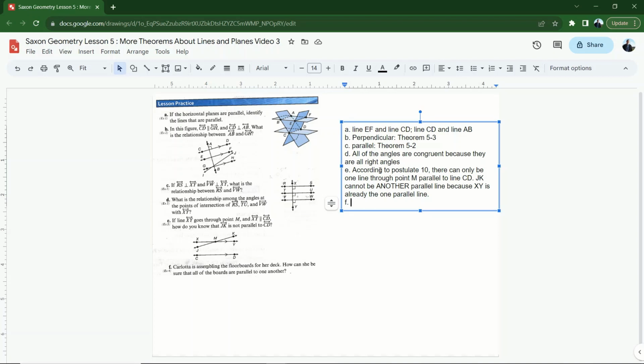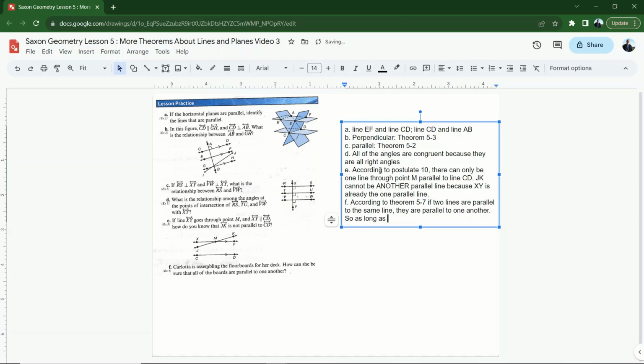So I'm going to say, according to theorem 5.7, if two lines are parallel to the same line, they are parallel to one another.